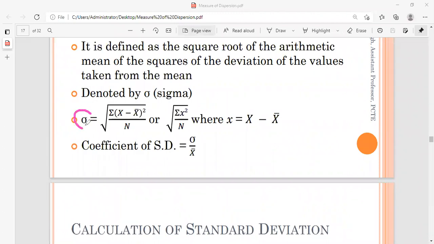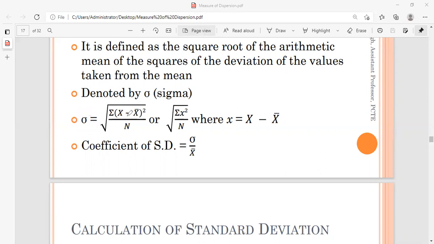Sigma denotes the standard deviation, particularly of the population. Sometimes we use this symbol to denote the sample standard deviation too, but in most books of statistics, sigma is used to denote the population standard deviation.